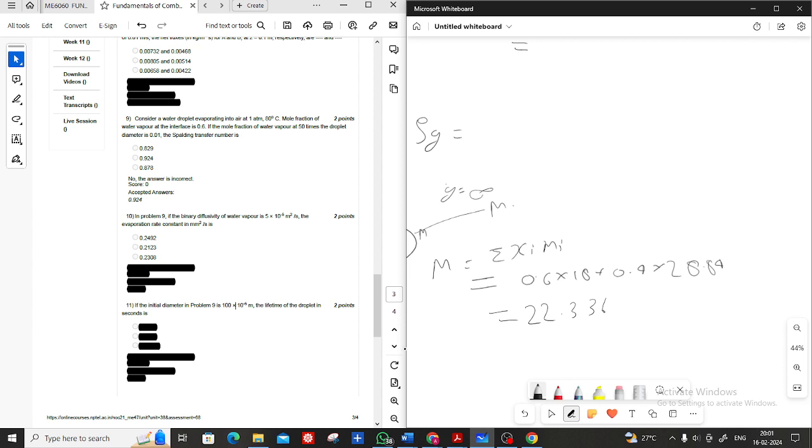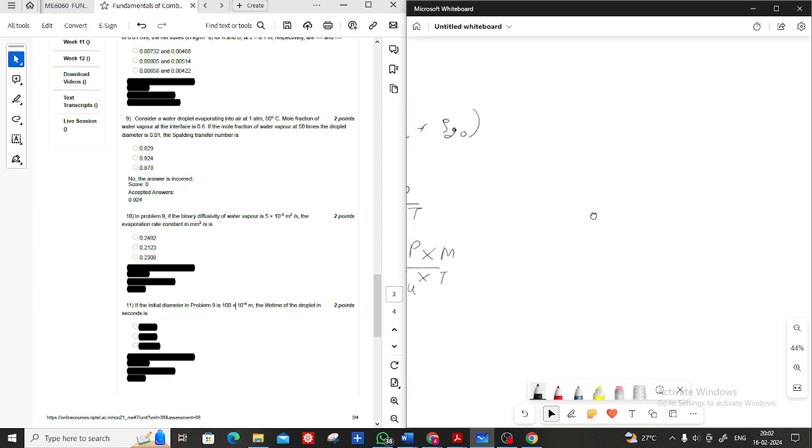This is the molecular weight of the mixture at the interface. Now the molecular weight of the mixture at infinity.